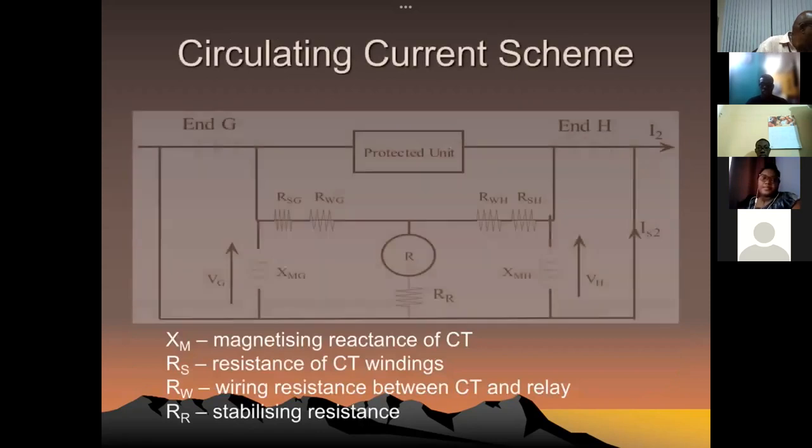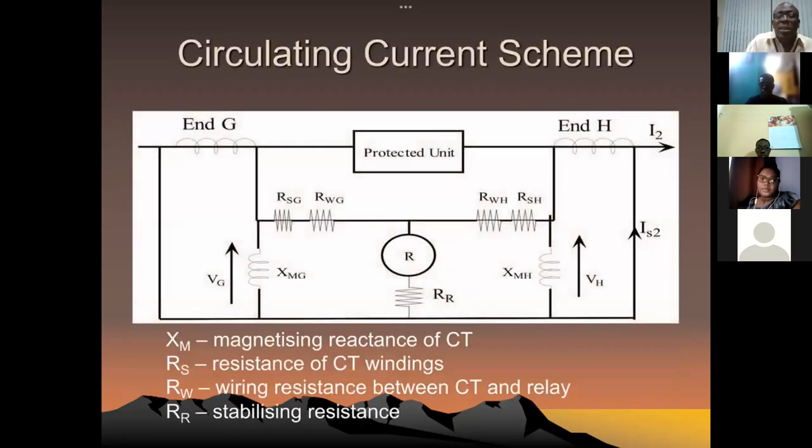Yeah. So this is an expanded view of your circulating current scheme. All right. And let's just pull some things together. Although I have redrawn the CT at either end. All right?